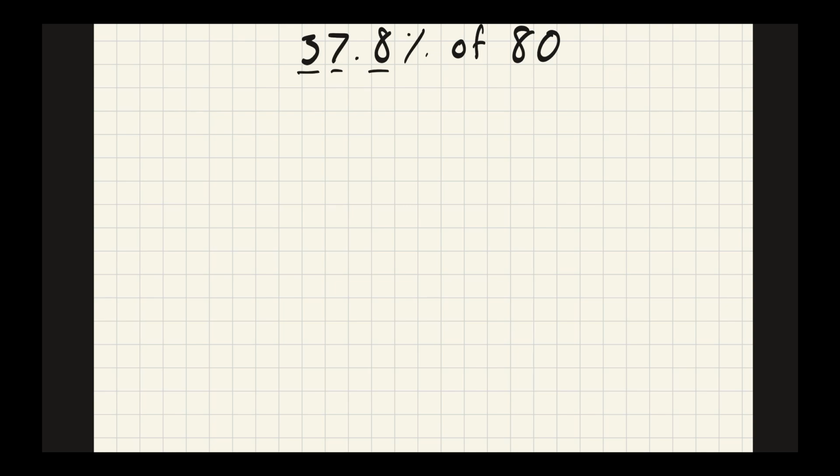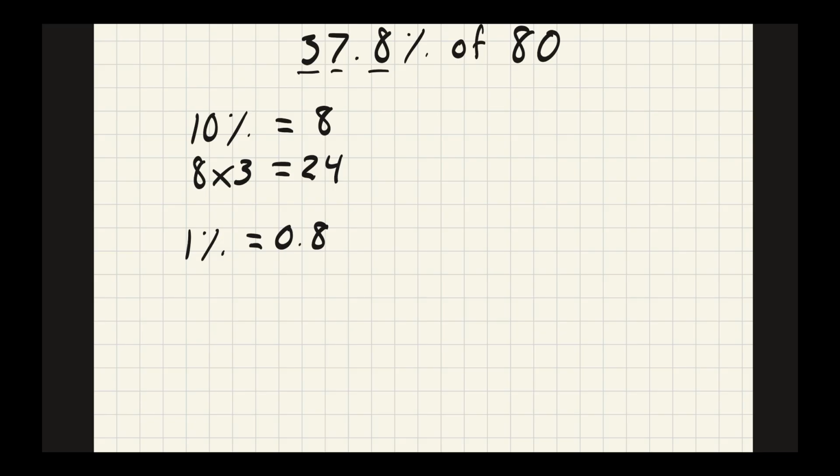So for the tens, we need 10%. 10% of 80 equals 8. And we know we're going to have to multiply that by 3 to get to 30%. So 8 times 3 equals 24. Now we move on to the ones column. 1% equals 0.8. We know that now.